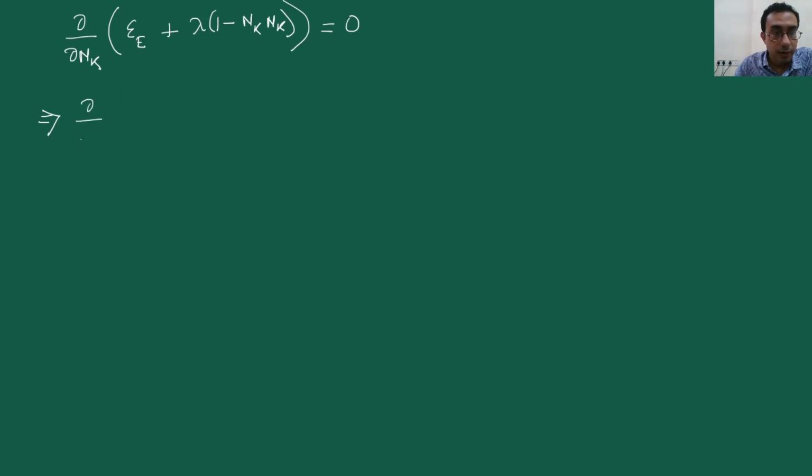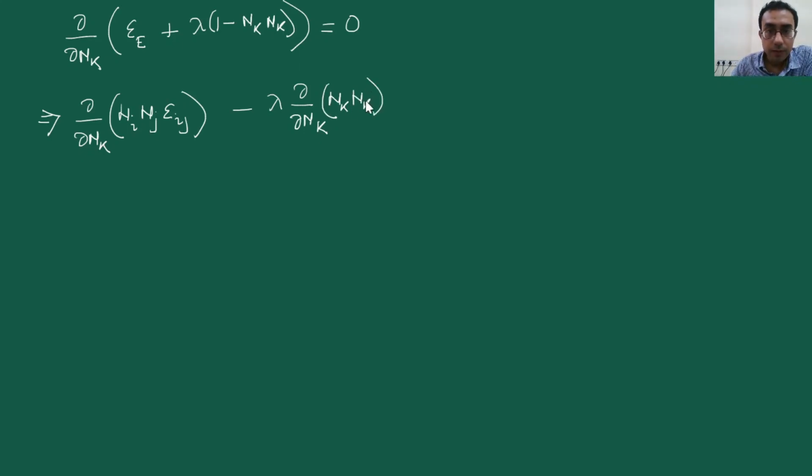Now I'm going to substitute the expression for the epsilon e here, which is nothing but ni nj epsilon ij, and here you note that I have minus lambda del del nk of basically the nk square.